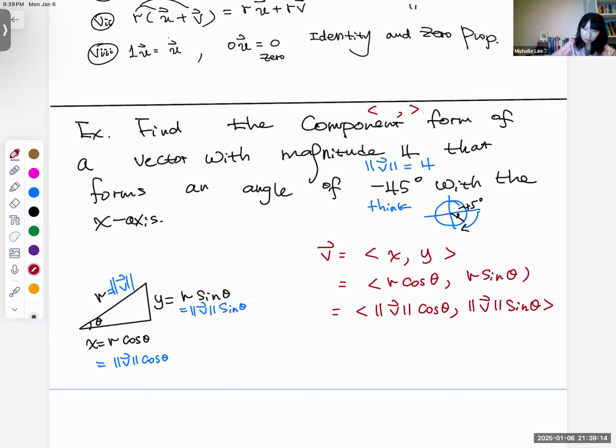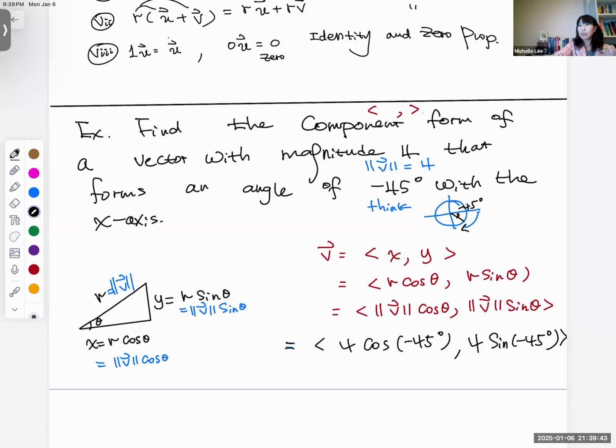Okay, now the magnitude of vector v, we knew that's 4. What's the cosine of negative 45 degrees, right? And 4 sine of negative 45 degrees, right?